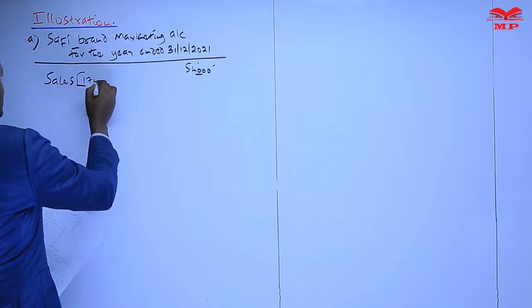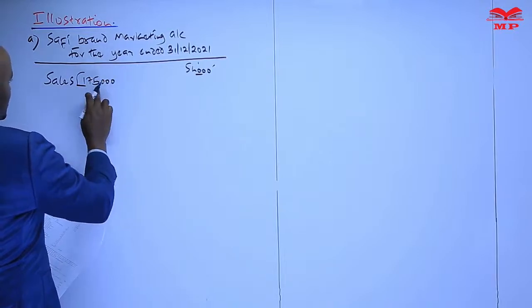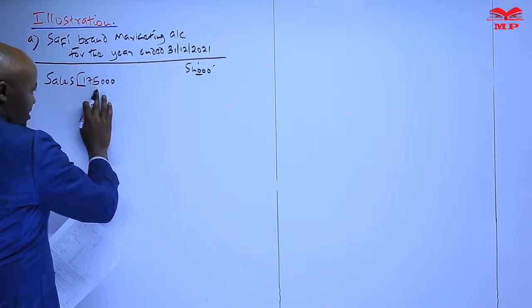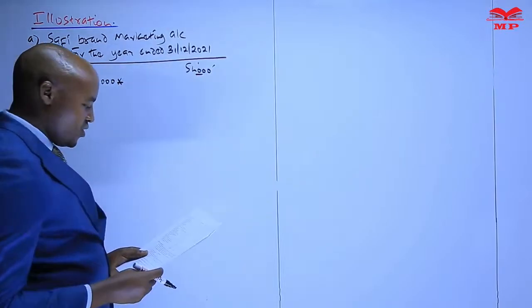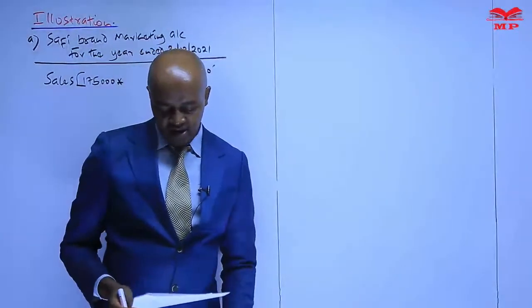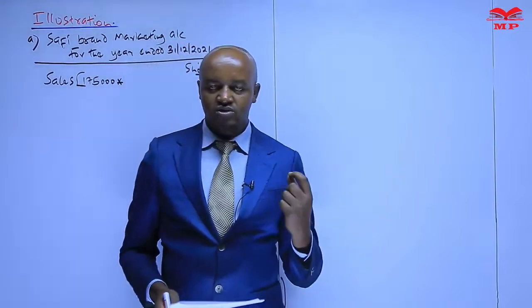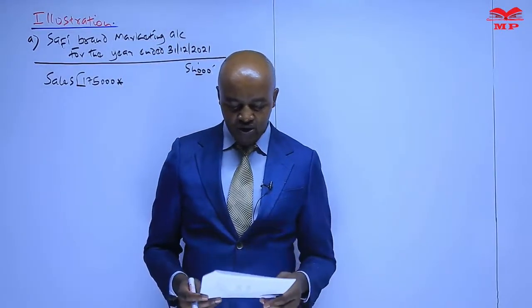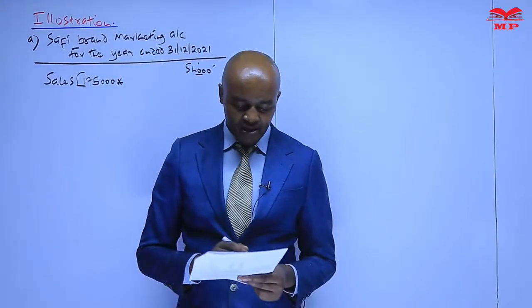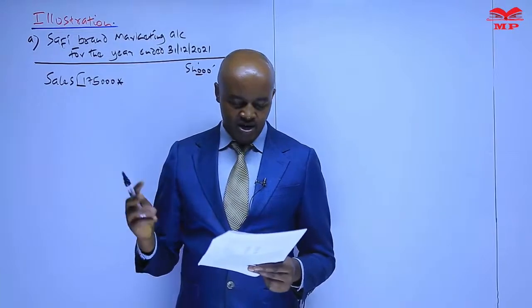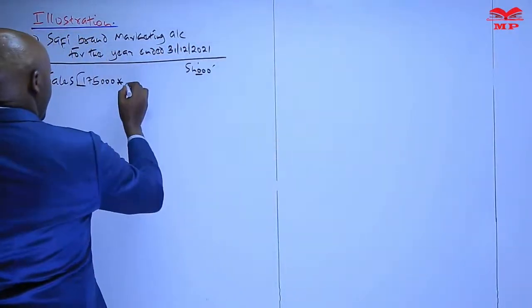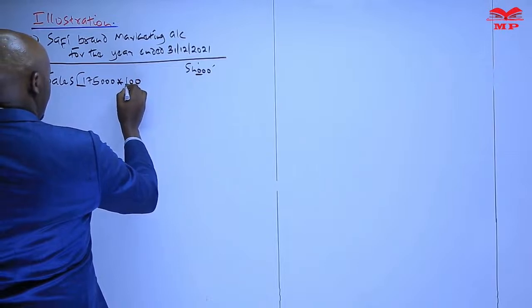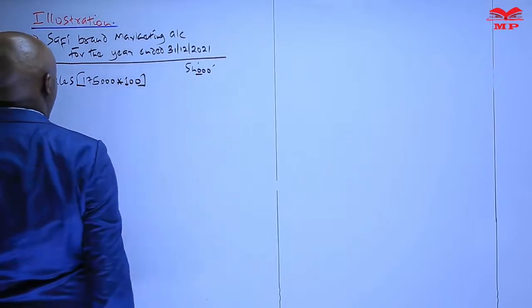175,000 US dollars, because these sales are in US dollars. So we need to translate this into Kenyan shillings. I've said we're going to use the exchange rate when the money was remitted to the bank account of the cooperative society. The money was remitted on 15th of January 2022, in which case the exchange rate was 100 shillings to $1 US.